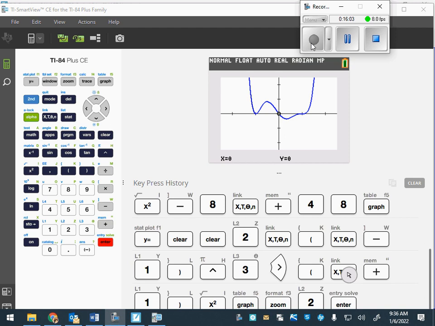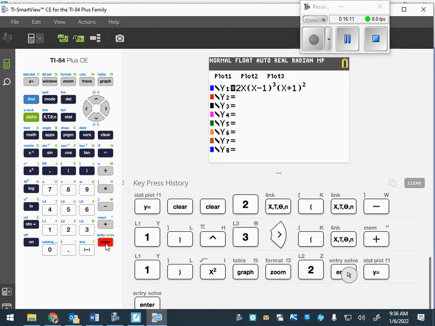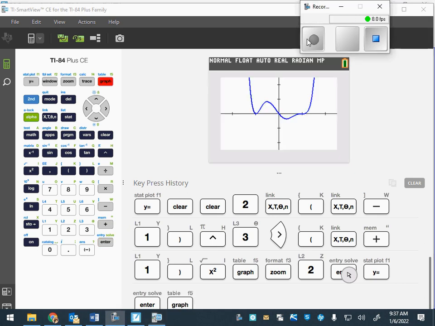Yes? I think for some reason the graph that I have is not. Make sure you have this entered. Yeah, I do. Okay, what do we have to look for first?